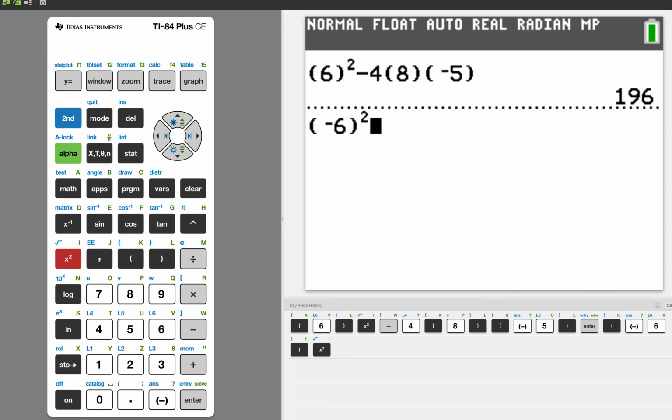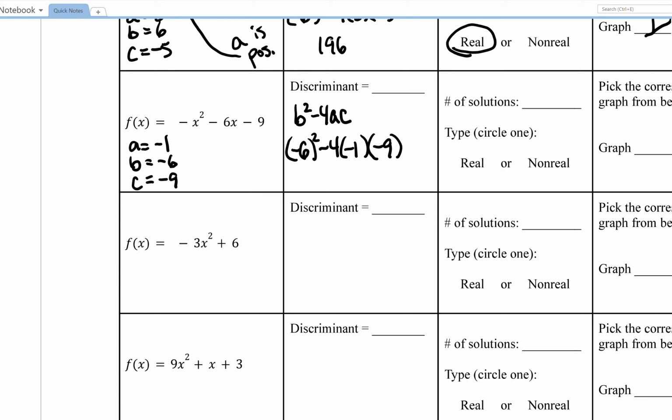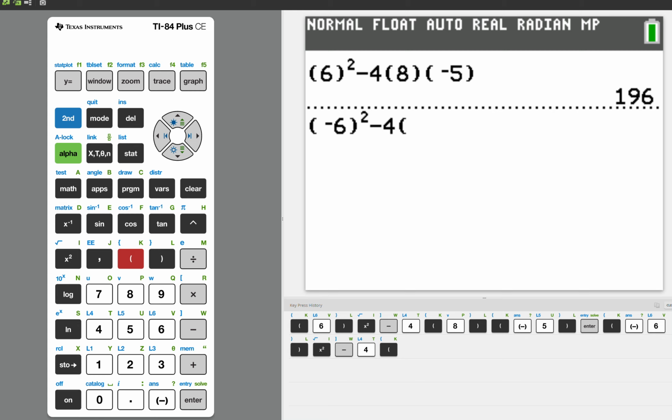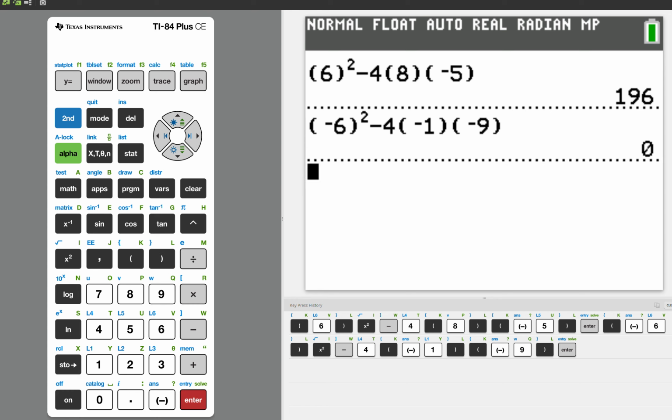Make sure that when you're using the negative, you're using the one with the parentheses. And then when you're putting minus, that's minus 4 times A. So -1 and -9. And then I hit enter, and it gives me 0.